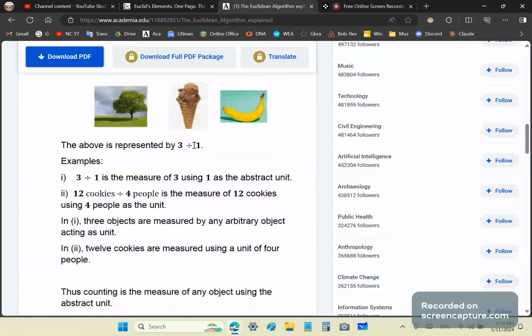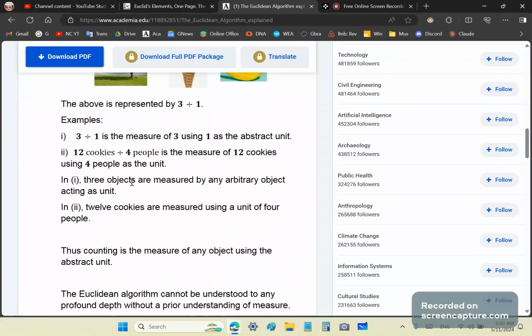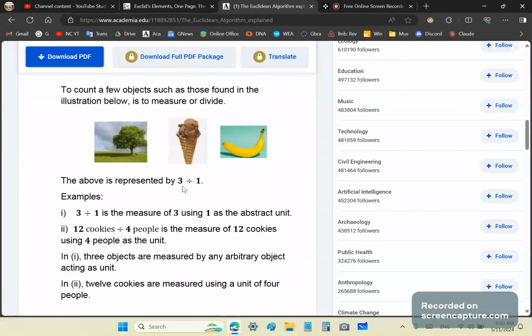Here, you've only got 1, so it's 1, 2, 3. And same story here. When you divide 12 by 4, it'll be 4 cookies once, 8 cookies twice, 12 cookies 3 times, right? So in 1, the 3 objects are measured by an arbitrary object acting as a unit.